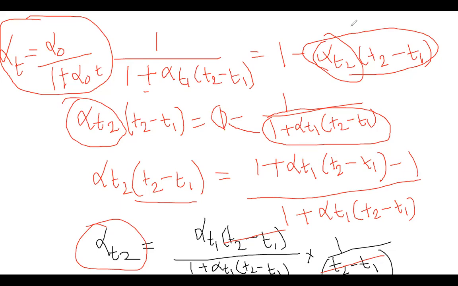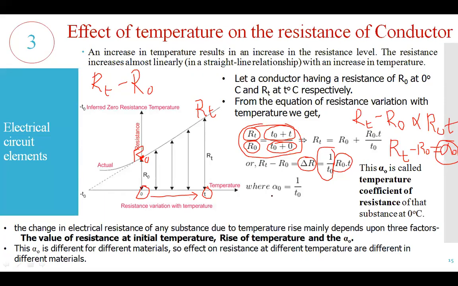Okay, so now I am back to our slide. Now, over here in this characteristic, it is representing that once the temperature is increasing, with respect to that, the resistance is also increasing.